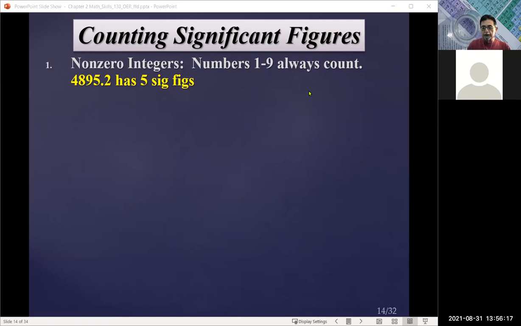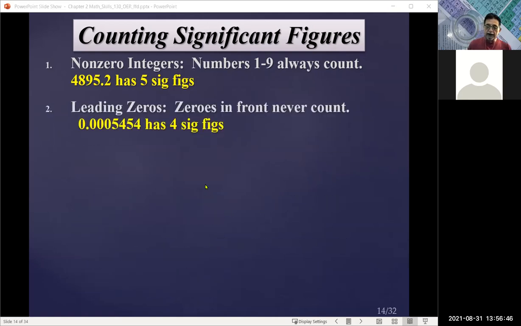I wish they would have picked a different word than significant, because most people would think, well, that number doesn't count. It does count in the value, but it doesn't count when we have to present the correct number of digits as an answer. So all non-zeros are significant. So this number, 4895.2, has 5 sig figs.